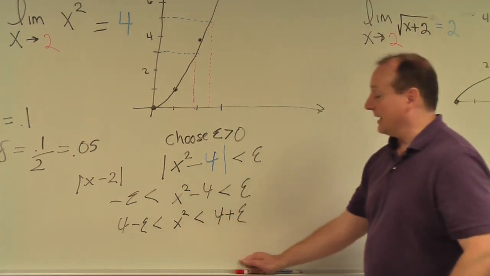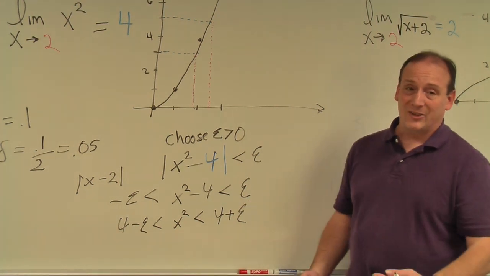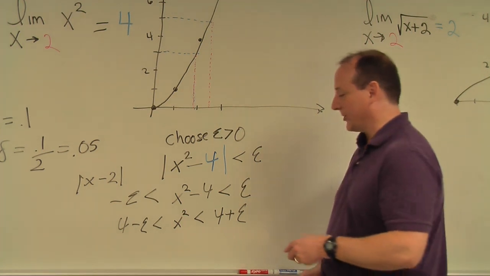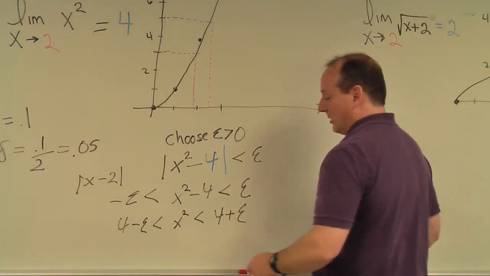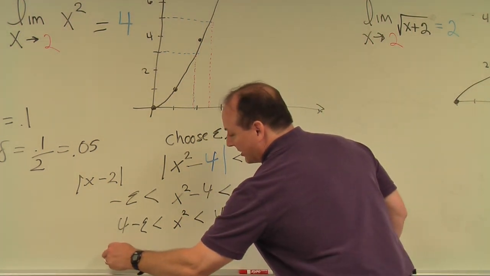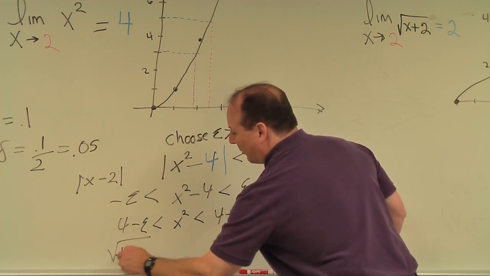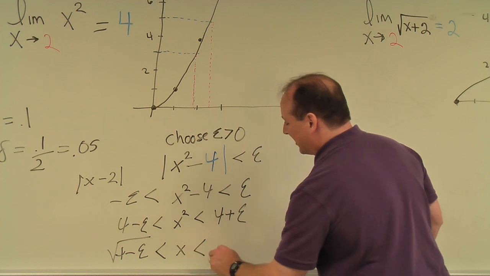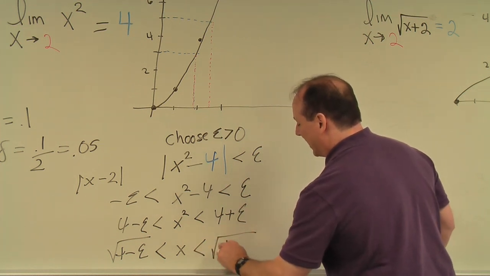And then, again, I don't want x squared, I want x. So I'm going to take the square root of everything. So what I'm going to have here is the square root of 4 minus epsilon is less than x is less than the square root of 4 plus epsilon.